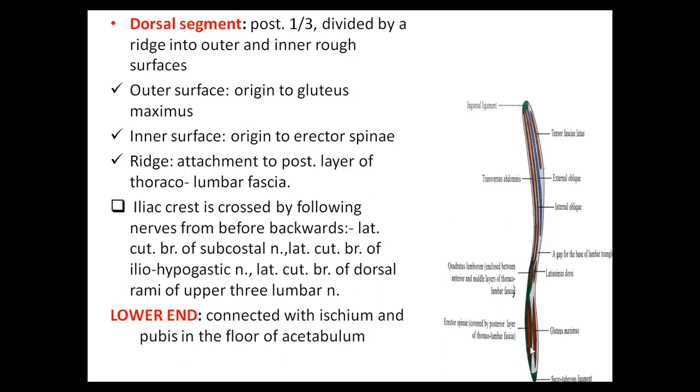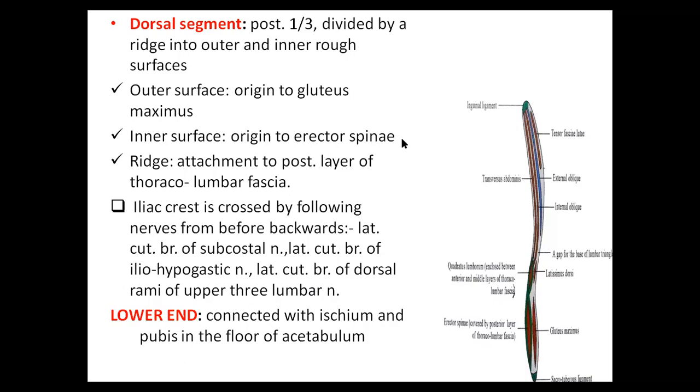These are the structures it is related to. Which segment is that? The dorsal segment, that means from here till here. Let me move this cursor. This is only the dorsal segment, so in the dorsal segment you will see all these nerves: the subcostal, iliohypogastric, and dorsal rami of the lumbar nerves.